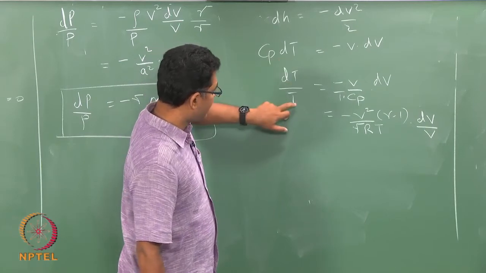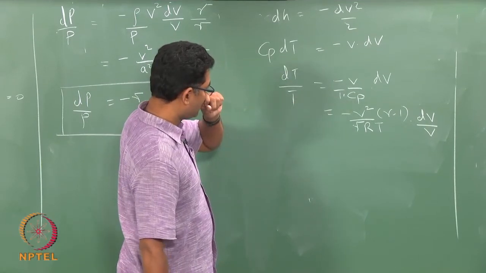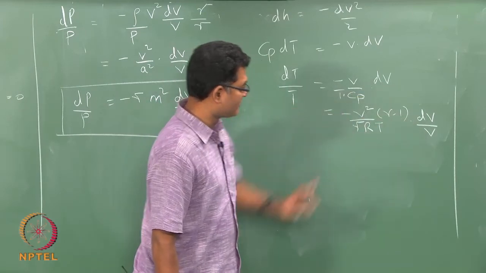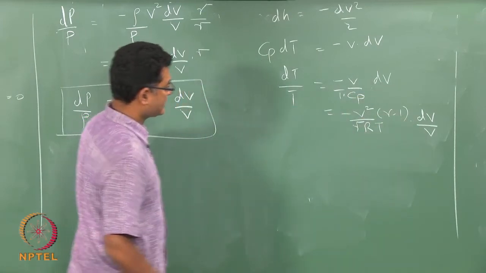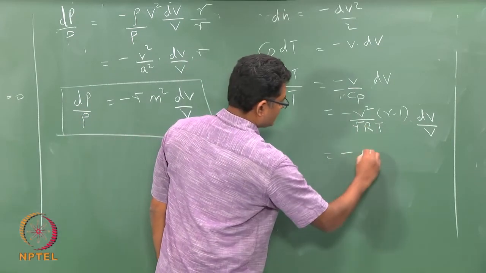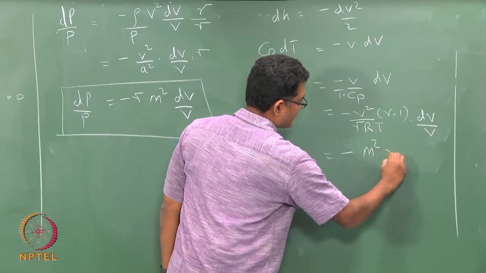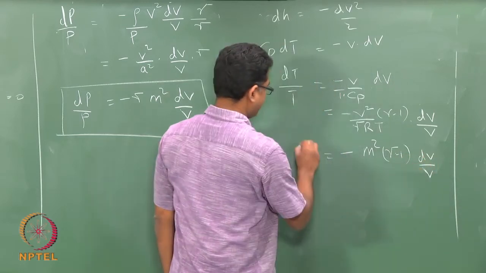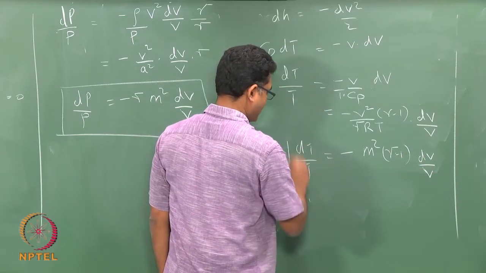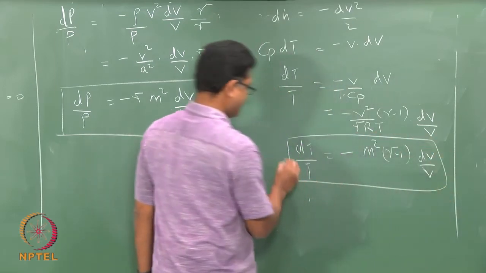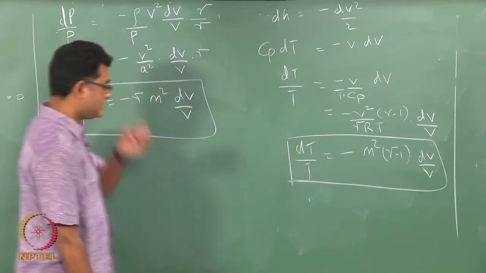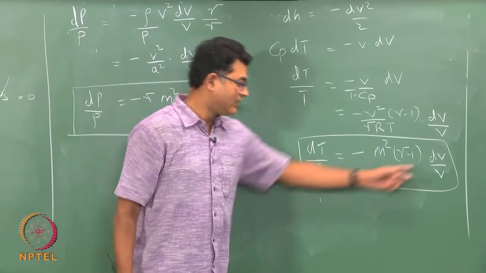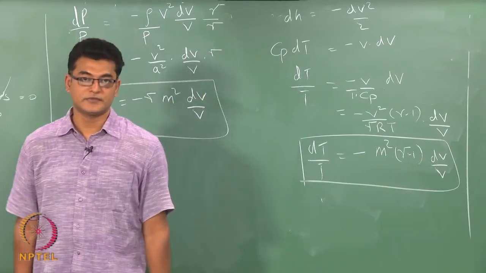I have divided both sides by T, so there is a T here, then I multiply and divide by V, so that would be V square. So this is minus M square into gamma minus 1 into dV by V. This is the fractional change in temperature due to the velocity change.